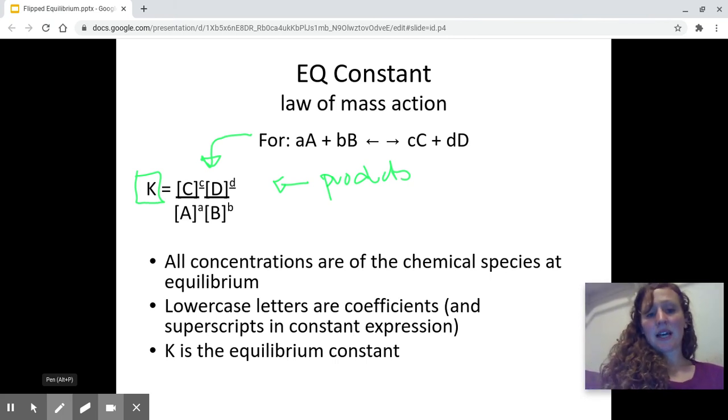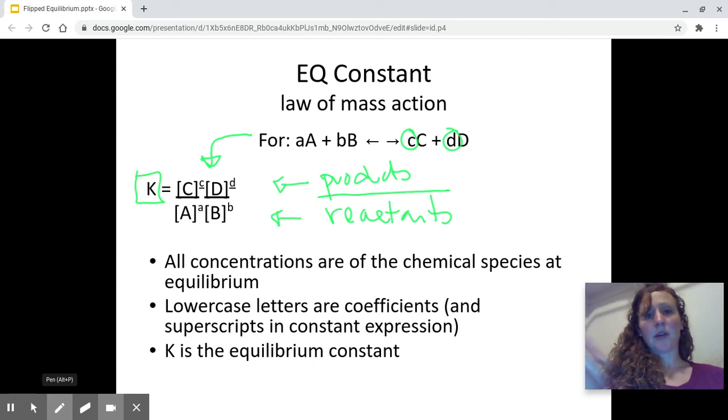Also, notice that the concentrations are raised to the coefficients. And then on the bottom, we have the same thing for reactants. So basically, it is a ratio between products and reactants, but it's a very specific, mathematically specific ratio. You have to get it right.